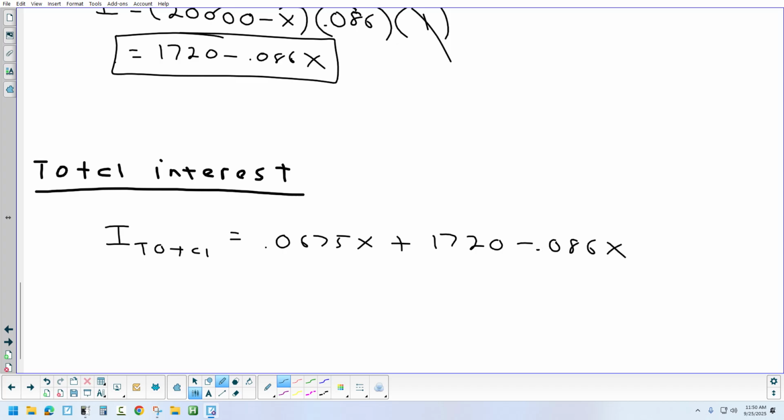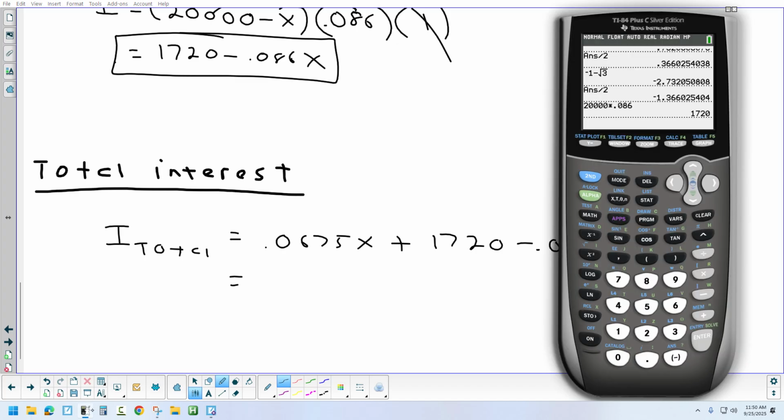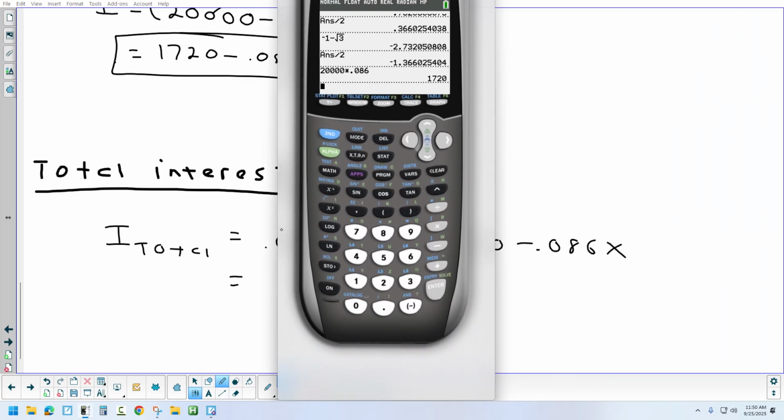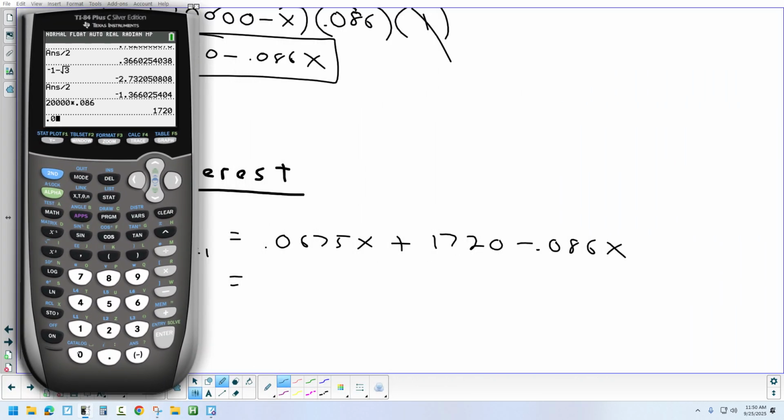So we're combining the two together by adding them. Are there any like terms there? Yeah, the x's. So combine your like terms. 0.0675 minus 0.086. Negative 0.0185.